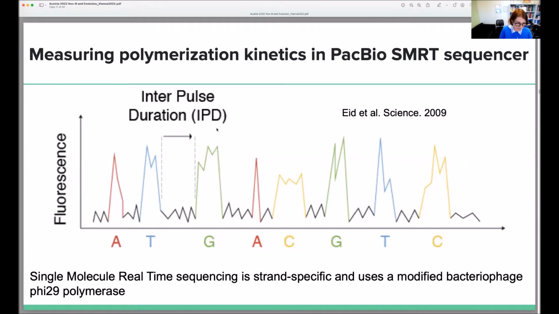So this prompted us to design a study about how sequencing timing, and also sequencing accuracy, within the PacBio instrument is affected by the potential presence of non-B DNA structures.